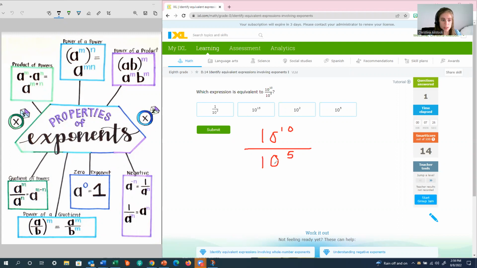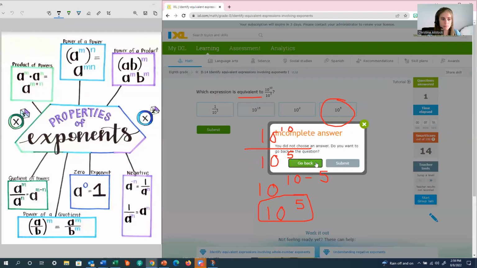They have the same base, and our property of exponents tells us that when this happens, we can simplify by subtracting our exponents. 10 minus 5 is 5, meaning 10 to the 5th is our simplified answer, and it is our equivalent, our equal expression.